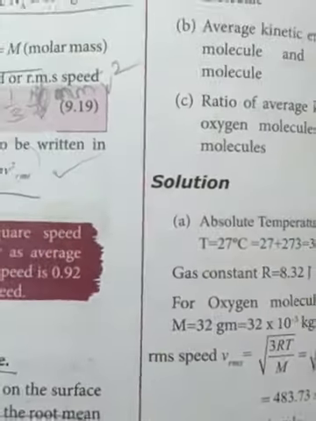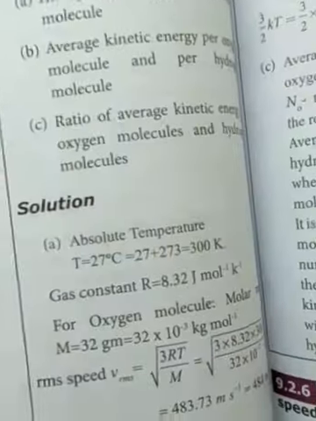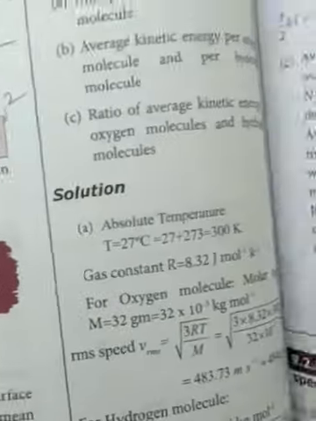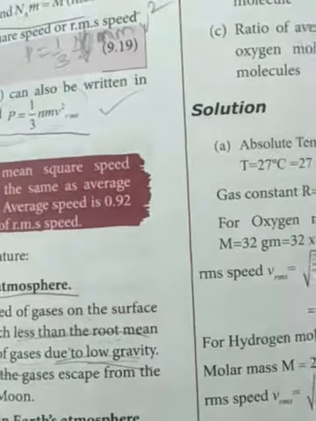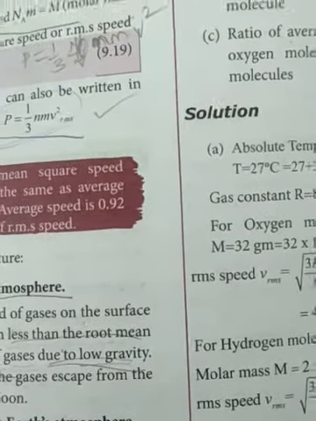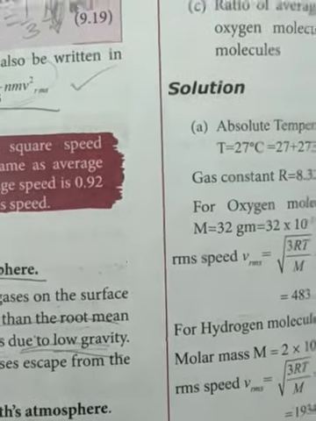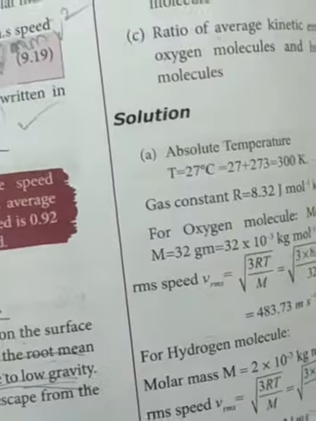Now see the impact of the VRMS values. The moon has no atmosphere because its gravity is very low.